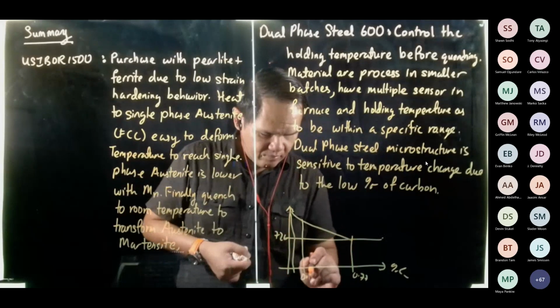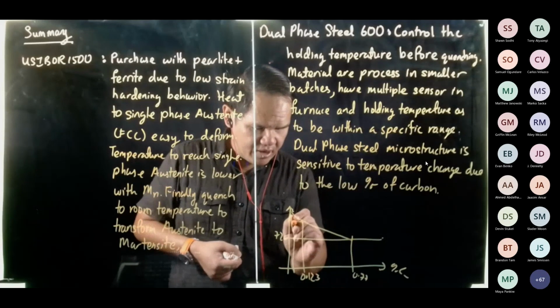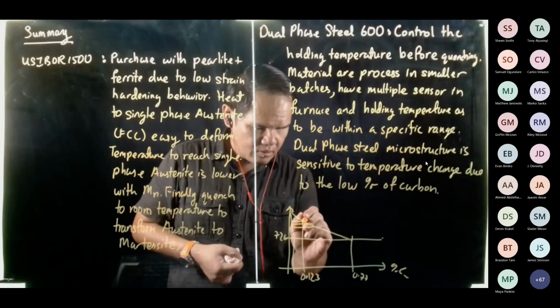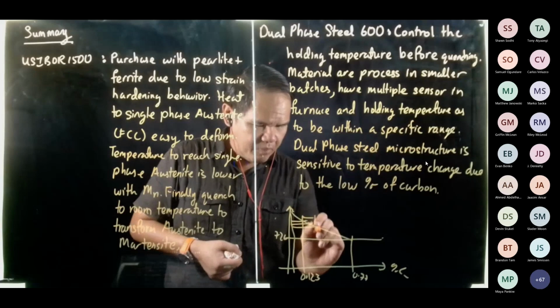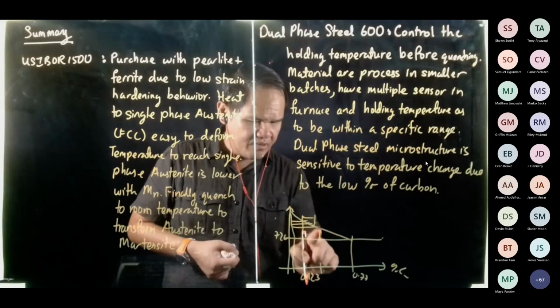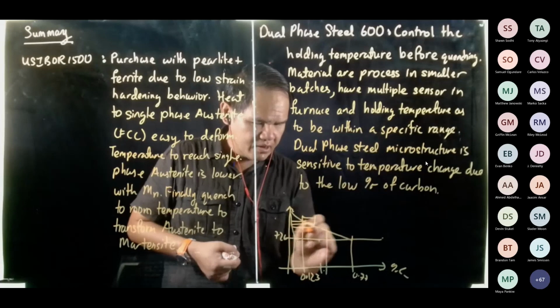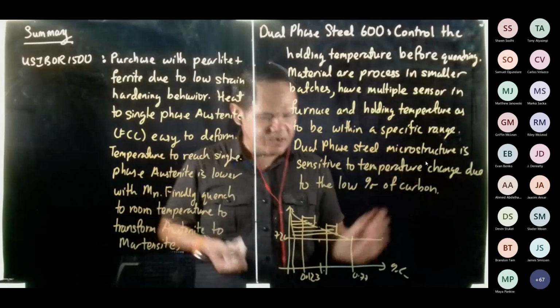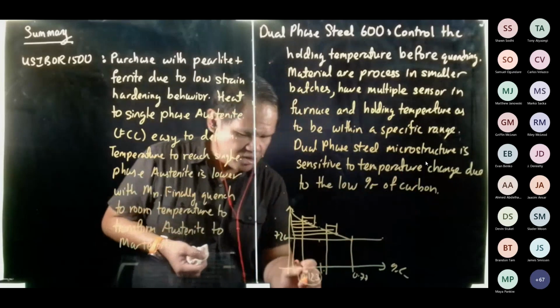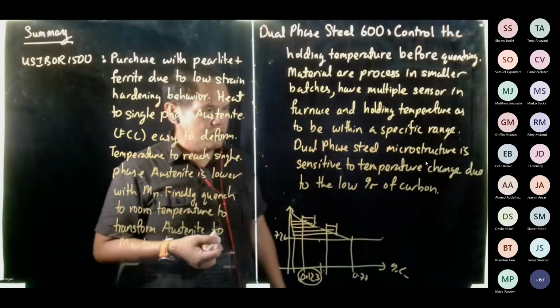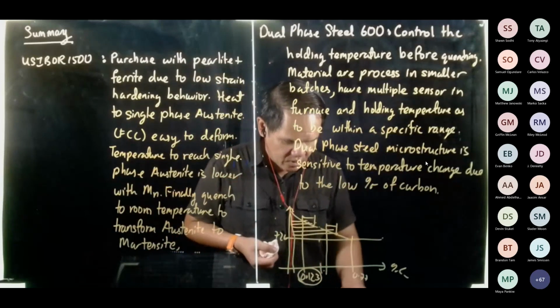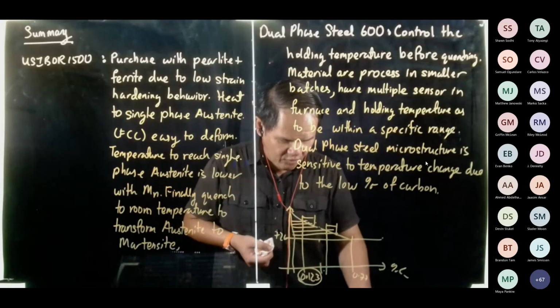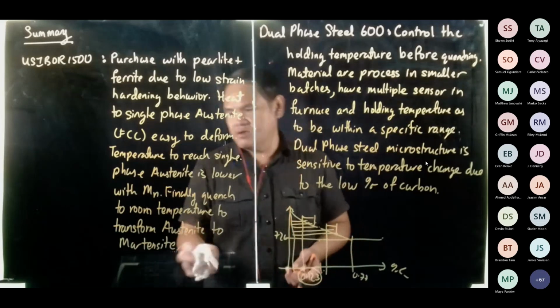The range over here, the distance of the gap, is not so far. If it's somewhere around here, the temperature range gets bigger and bigger, so it's less sensitive. But because of its low percentage of carbon, it's more sensitive to temperature change. So that is for dual phase steel.